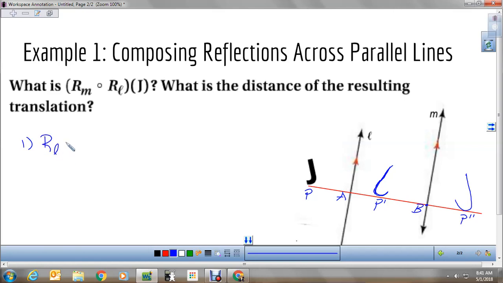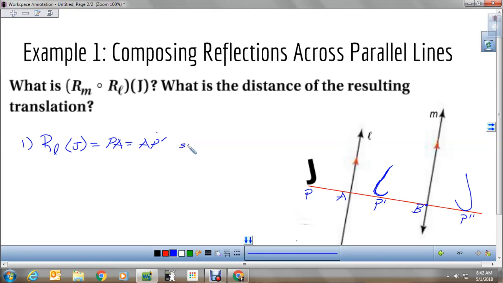across line L of J, and this becomes the distance of, so the distance from P to A, that's distance here, is equal to A prime P. Excuse me, reverse that there, that would be A P prime.